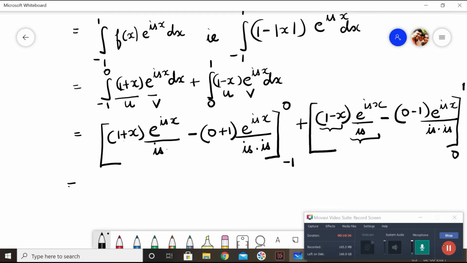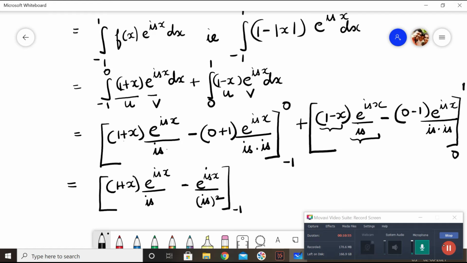Before substituting the limit, let's simplify it even more. So 1 plus x, e to the power isx by is, minus e to the power isx by is the whole square. The limit is minus 1 to 0. Fine.